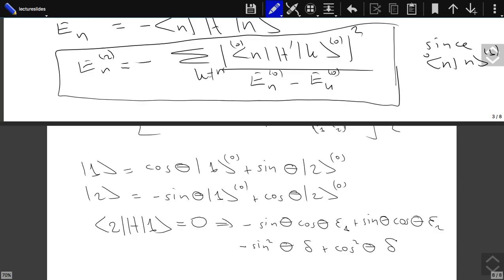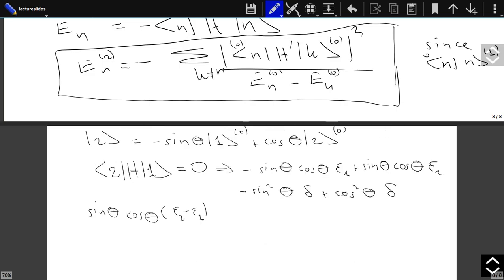Well, let's use some trigonometry. Cosine squared theta minus sine squared theta is cosine 2 theta. So the first term is sine theta cosine theta times epsilon 2 minus epsilon 1, plus cosine squared theta minus sine squared theta times delta, and this should be 0.